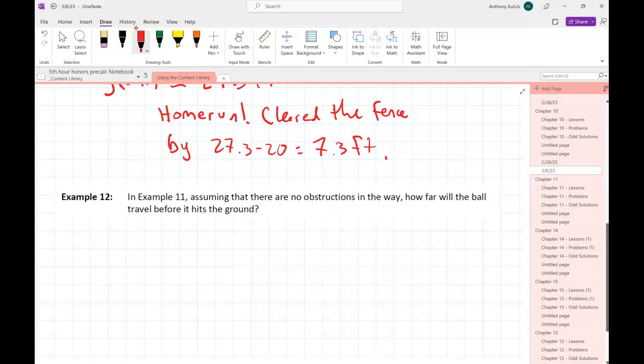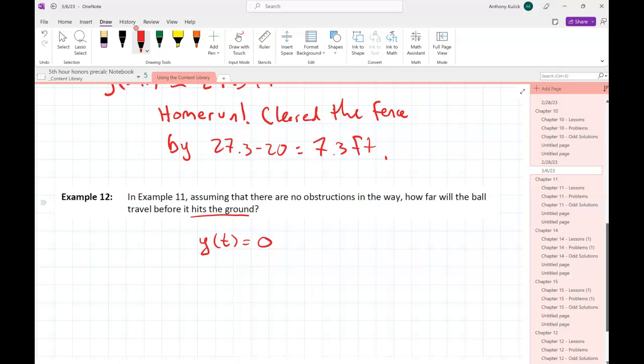So here, what component are we looking for, an x or a y? An x, because we're looking at how far it's gone. Great. So we're going to have to be solving using the y component for t, correct? What is the height of the ball that we're interested in? Yeah, hits the ground.